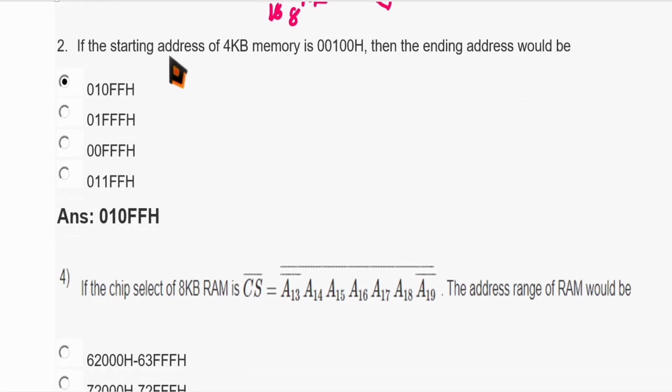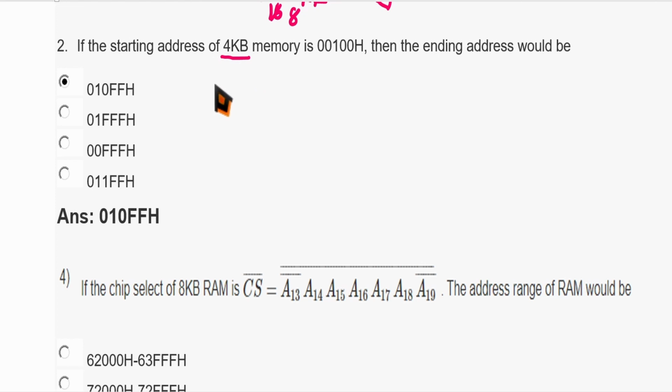If the starting address of 4 KB memory is 00100H, then the ending address would be, 4 options have been given. To find out the correct option, first you observe that the memory size is 4 KB.